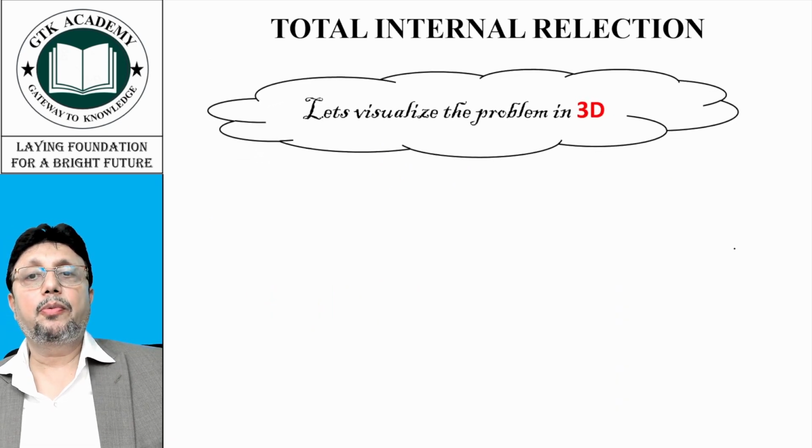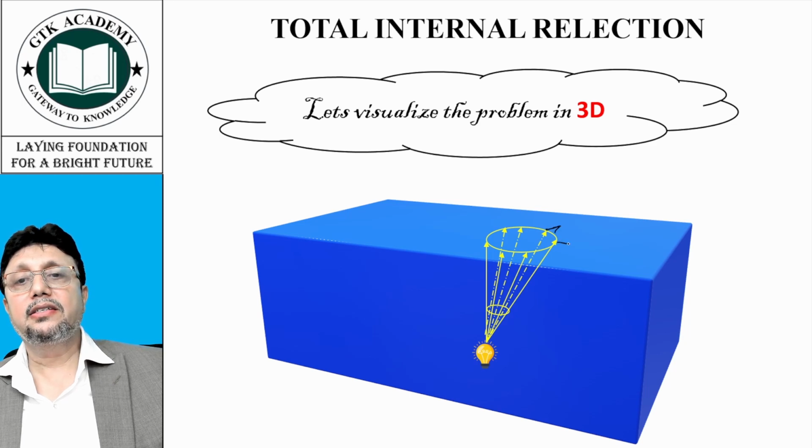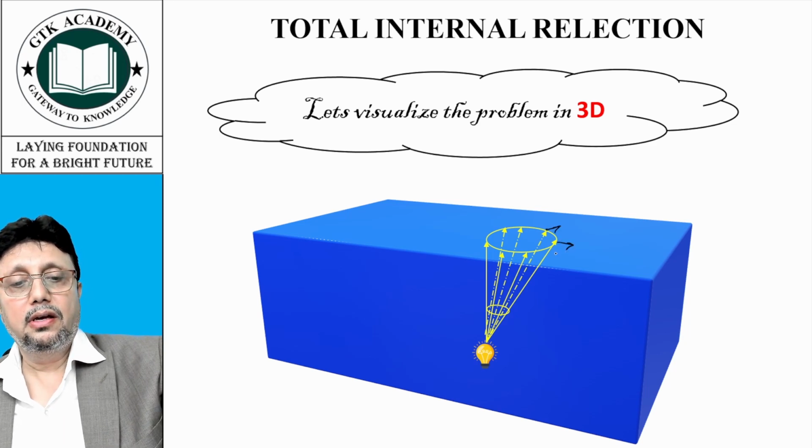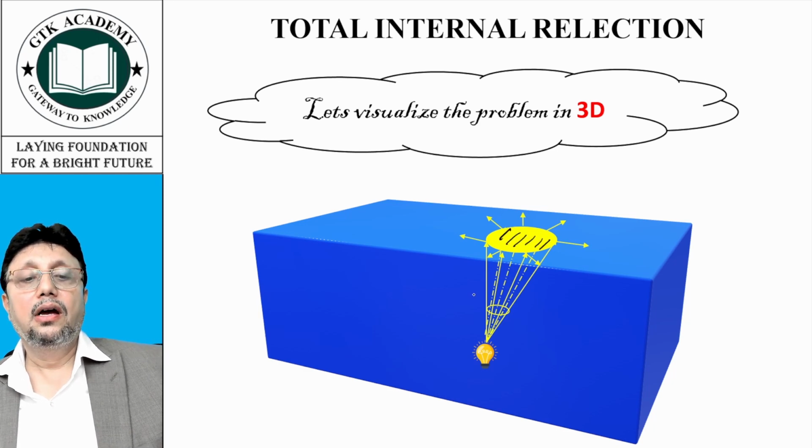So let's visualize the problem in 3D. Before solving that, this is the bulb. The light comes out, and this is the cone. And from here, the light grazes on the surface, like this, and you can see the shining surface like this.